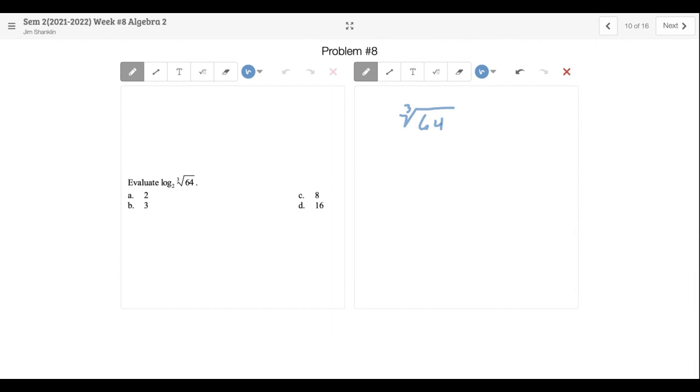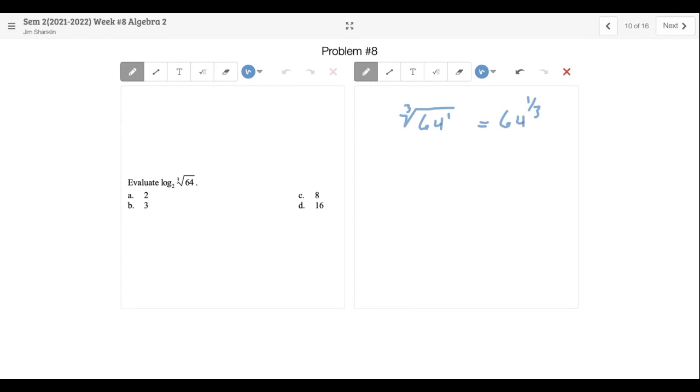And that is not bad. So I remember from way back when that a radical is a power to a root. That's what it is. So I can rewrite this as 64 to the 1/3 power.